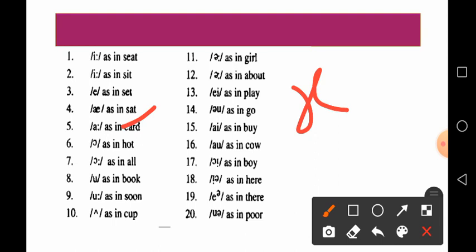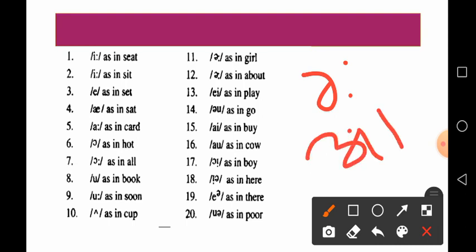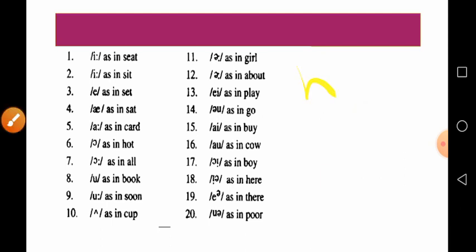Again, long vowels: card. This word is pronounced like this, card, with the long vowel a. So, it is a long vowel, we pronounce it like a, card. And this is o, a short vowel o, like hot.